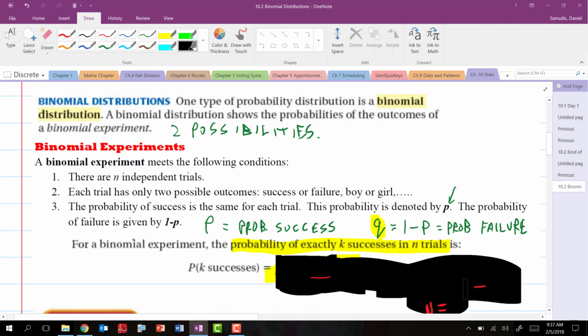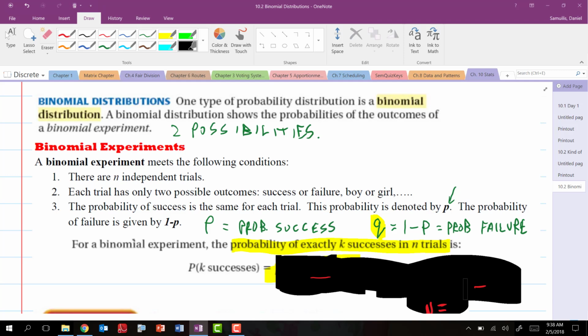Use Q as the letter for the probability of the opposite, which is equal to 1 minus whatever P is. So if there's a 40% chance of success, what's the chance of failure? 60%, right? That would be Q, the opposite of what we're looking for. I'm using the terms success and failure.